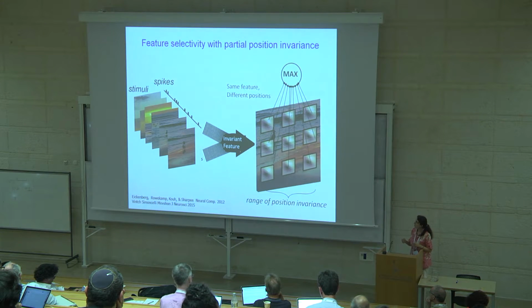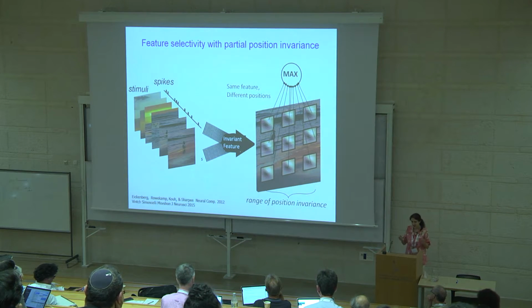And then I will look for, for example, one feature that together with position invariance will account for the responses of a neuron. We can fit this model with maximum likelihood to a given data set, and then test predictions on a different part of the data set.